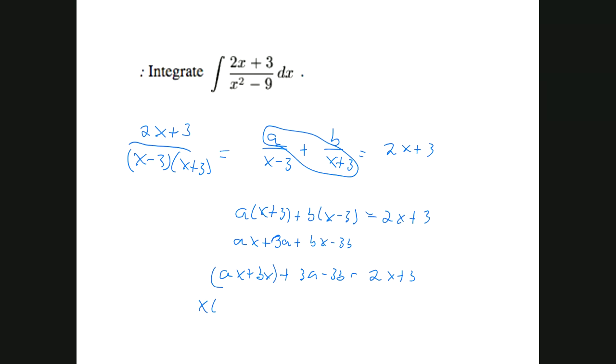So I have (a plus b)x plus 3a minus 3b is equal to 2x plus 3. But now I know in front of the x term that's a plus b, so I know that's 2. So I know that a plus b is equal to 2. And I also know that 3a minus 3b is equal to 3.